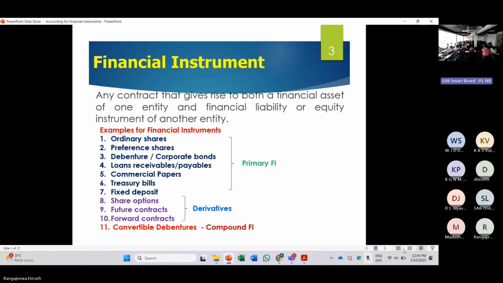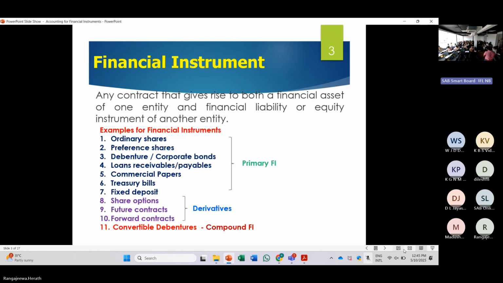So if we are issuing redeemable preference shares, that means the company has an obligation to repay. So when you have an obligation to repay, is it liability or equity? Liability. So redeemable preference shares become a financial liability to the issuer.